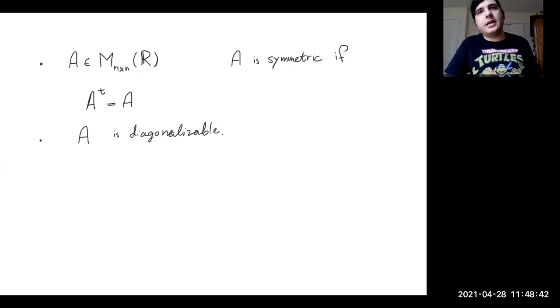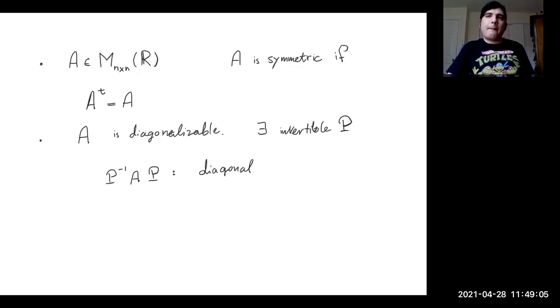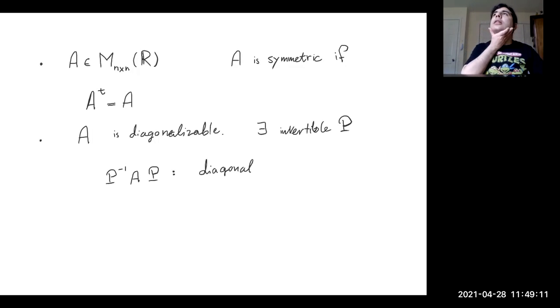In other terms, there exists an invertible matrix P such that P inverse AP is a diagonal matrix. You might have seen the argument for this statement before, but I'd like to review that.